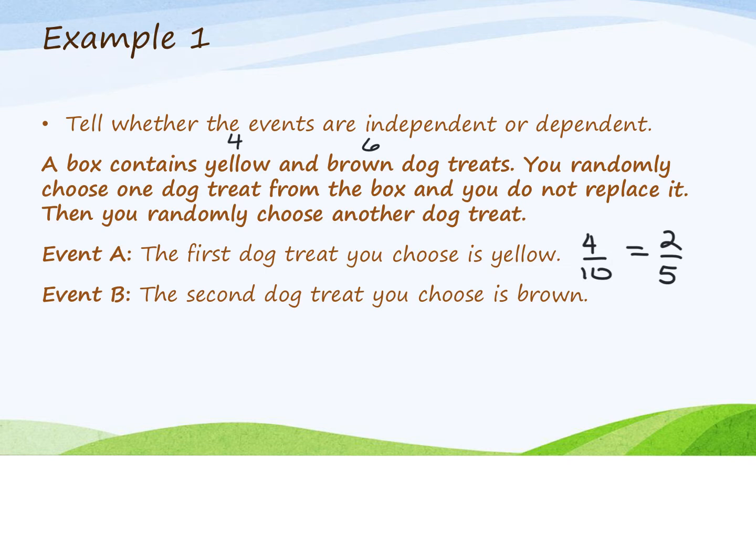So now we've picked the first dog bone, and we got the yellow one. So now I'm going to change this to a 3. How many dog bones are left for us to calculate the probability of event B, now that I took one out of the box? How many are left? 9.